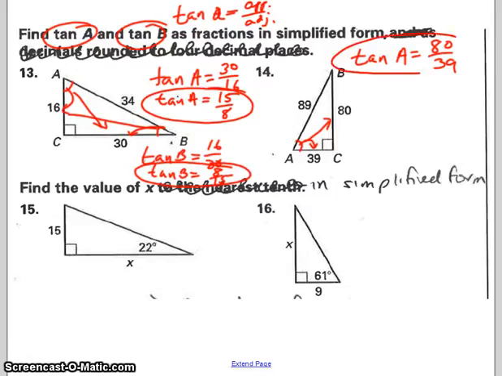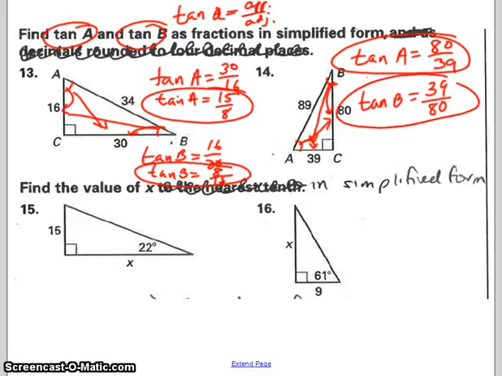We can't simplify that, so there's your answer. Tan B is here, so opposite over adjacent, again, 39 over 80. Can't reduce it, so tan B equals 39 over 80. That's all you had to do for those two.